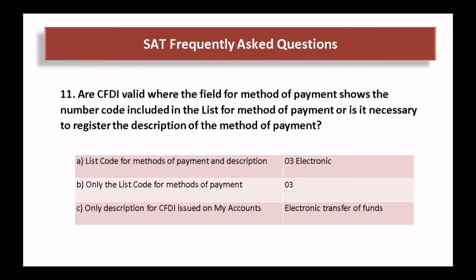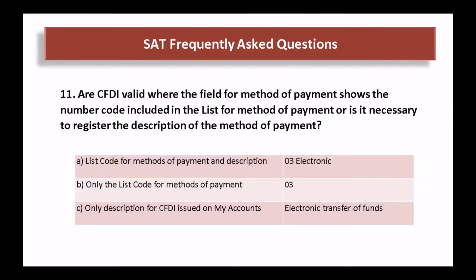We can use the code catalog for method of payment and include the description. As we mentioned, we will have to use 03. That will be the obligation, but also, if decided, we can include electronic transfer of funds. That will be optional.